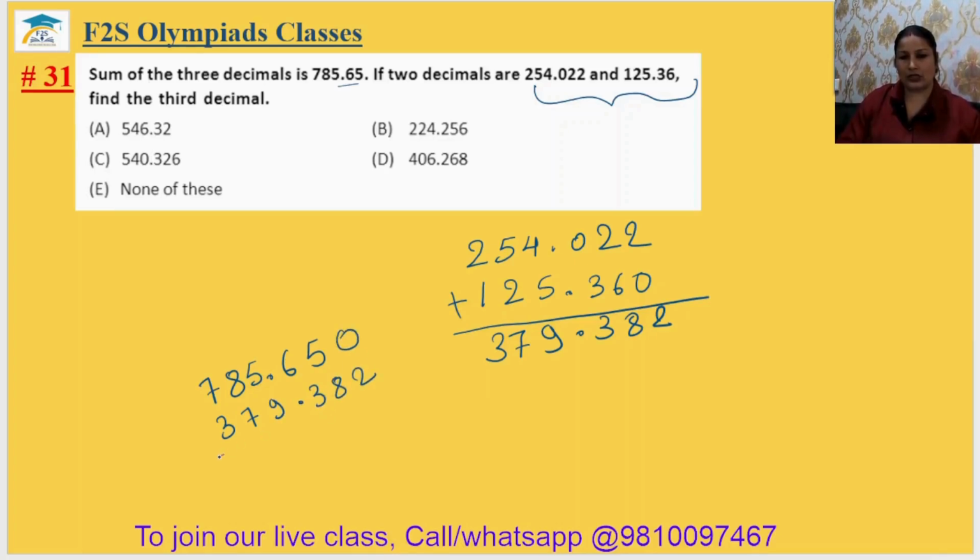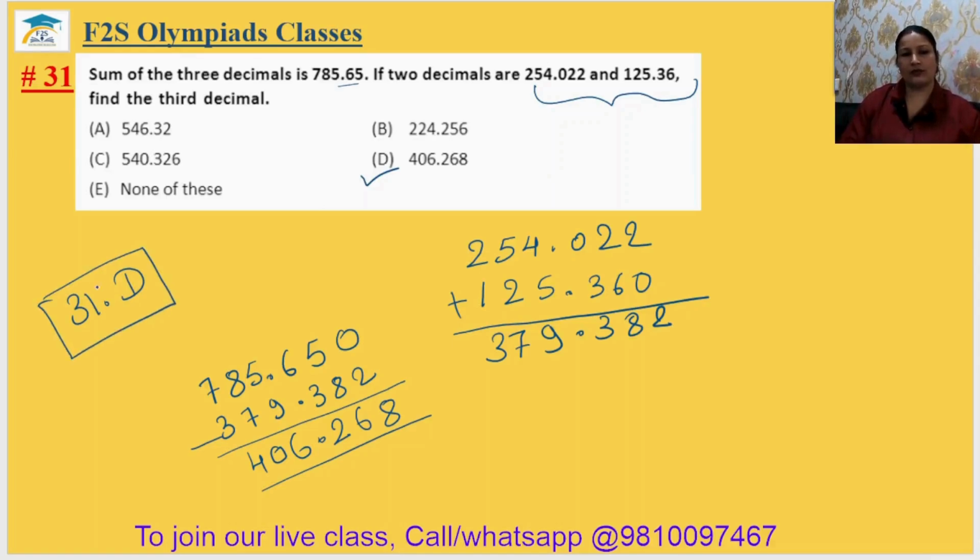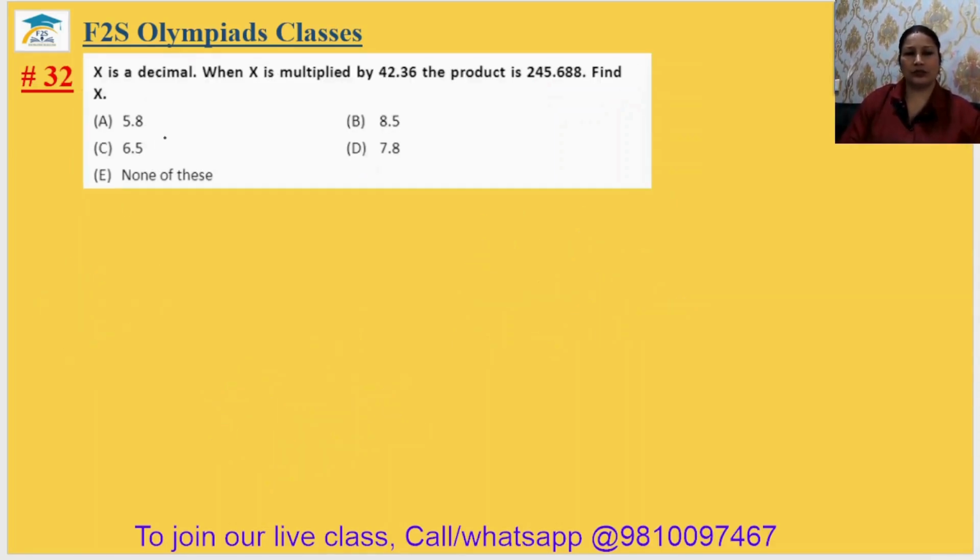Put one zero here to make it like 10 minus 2 is 8, 14 minus 8 is 6. Now 5 minus 3 is 2, 15 minus 9 is 6, 7 minus 7 is 0, 7 minus 3 is 4. 406.268. 31 answer will be your D. 31 D.